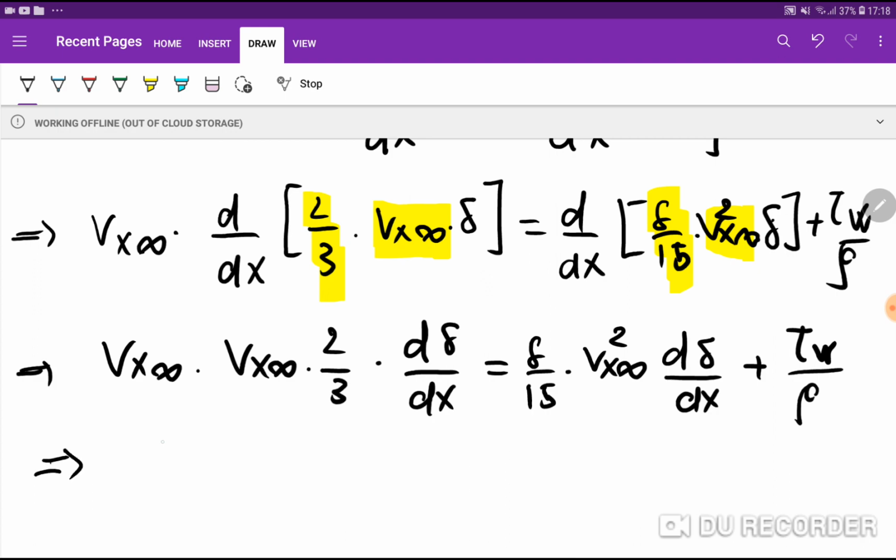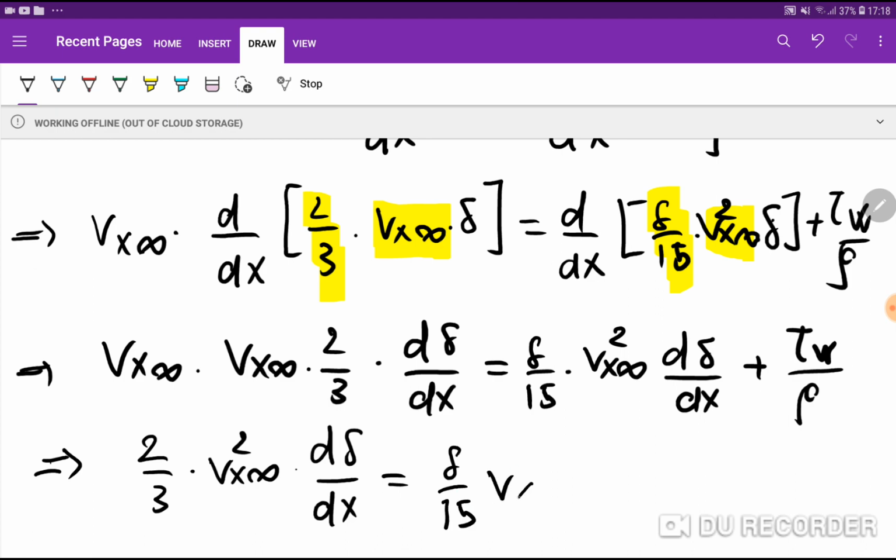Let's clean it up a little bit. So 2 over 3 times Vx infinity squared times d delta over dx equals a over 15 Vx infinity squared times d delta over dx plus tau w over rho.